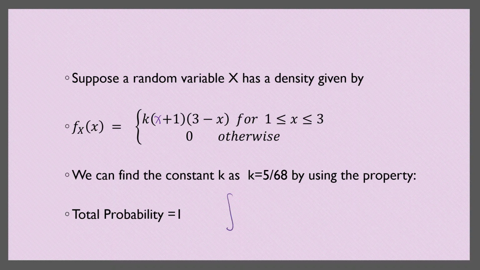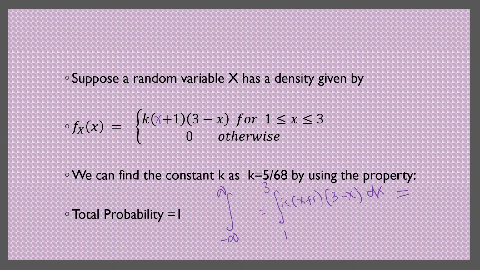The total probability is the integral from negative infinity to positive infinity of f of x dx. But this is defined only between 1 to 3. In all other cases, it is 0. So the integral from 1 through 3 of k times x plus 1 times 3 minus x dx. If you evaluate this integral and equate that to 1, you can easily get the constant k as 5 by 68.